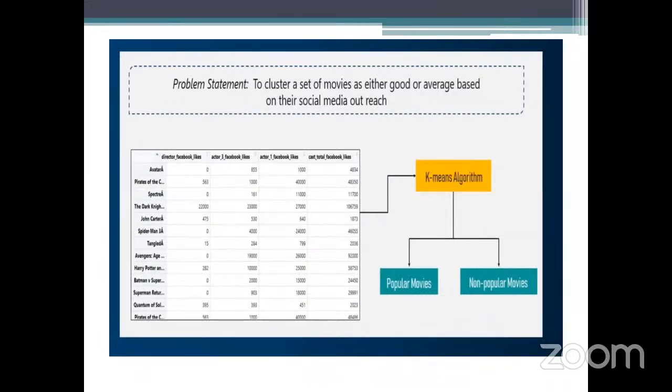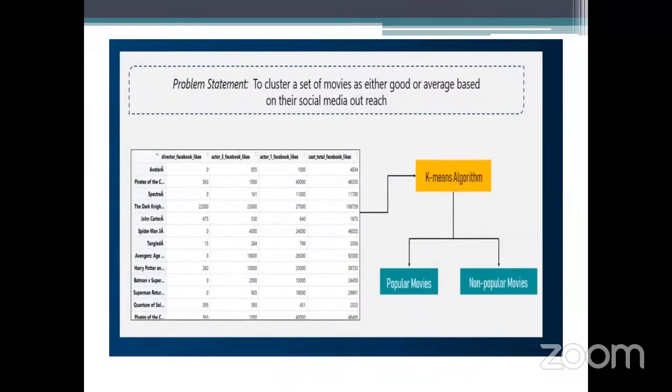This is the problem statement. Now, if you look properly, your clue is in the question itself. The first line says to cluster, right? A set of movies as either good or average, so I'm going to cluster it, group it.